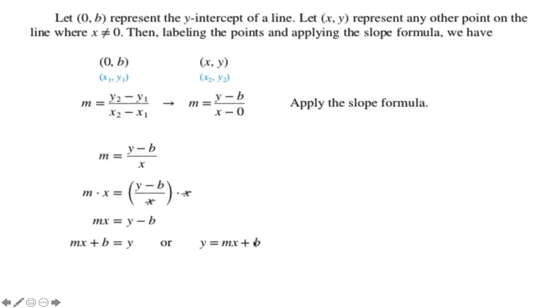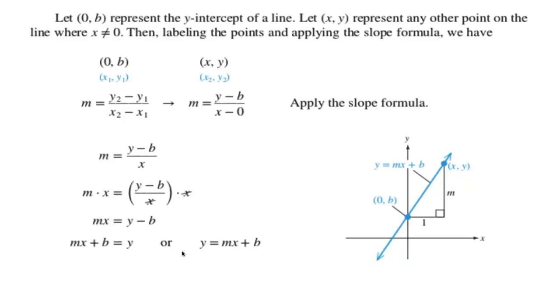So that's why we call this the slope-intercept form of a line. Again, here's the picture for this. The point 0 comma b is the y-intercept, and x comma y is any point on the line.